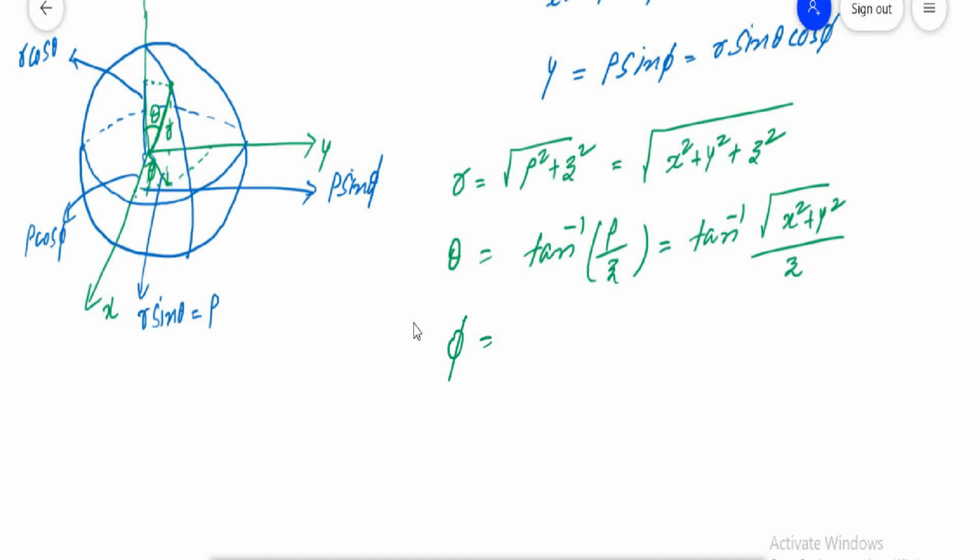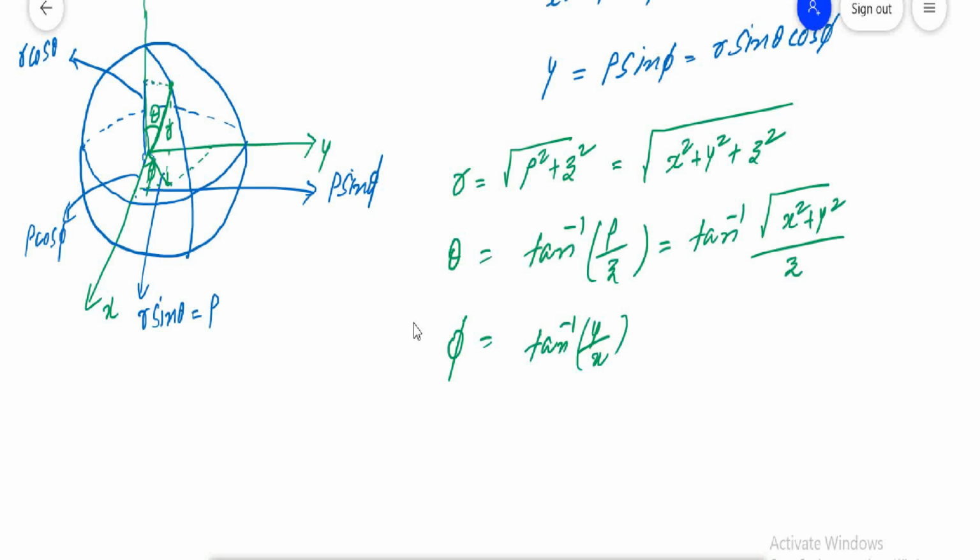Phi is nothing but tan inverse of y by x. This is from the cylindrical coordinate system. So r is equal to under root of x square plus y square plus z square, theta is equal to tan inverse of rho by z, and phi is equal to tan inverse of y by x.